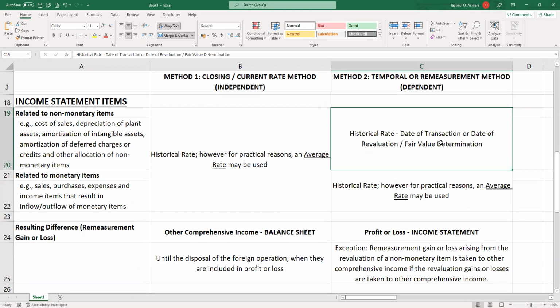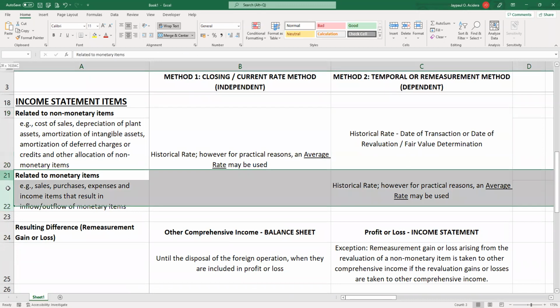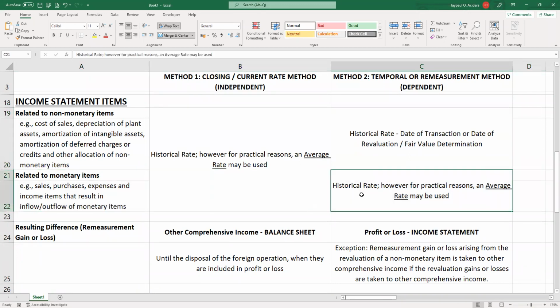Yan. So historical rate. But for the monetary items, parehas sila na historical rate talaga dapat. Kaso lang, isipin nyo class, yung daily sales ninyo sa Singapore, are you going to translate daily sales into the Philippine peso? Ang hassle naman yon kung daily sales natin, syempre iba-iba yung exchange rates, no? Iba-iba yung current rate per day.